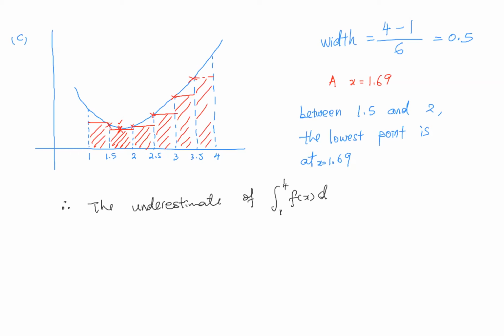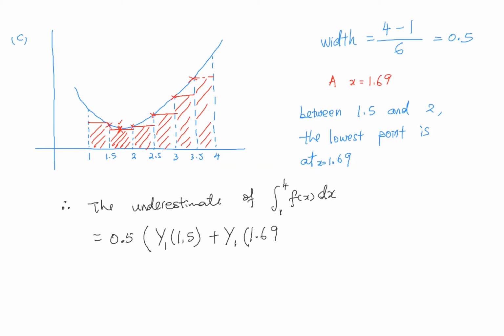using 6 rectangles of equal width will be equal to, the width is 0.5. Then the first rectangle, the height is y1, 1.5. The second rectangle is y1, 1.69.